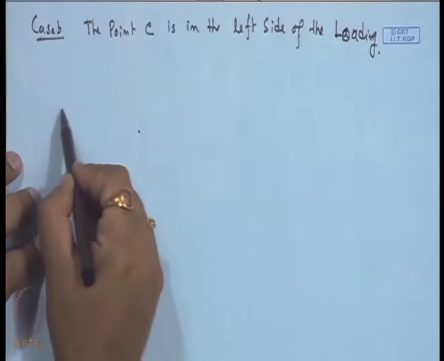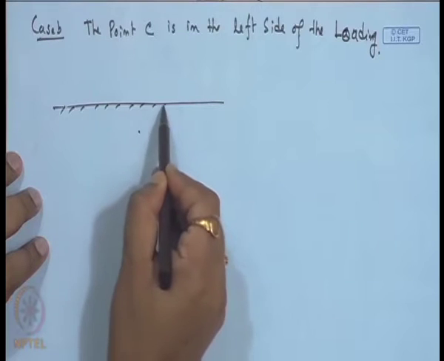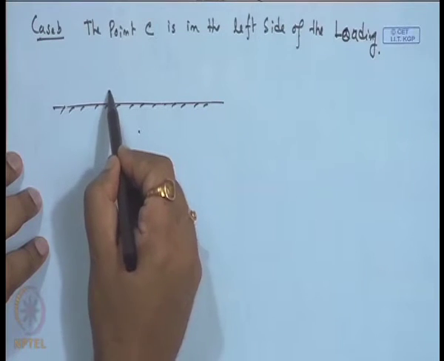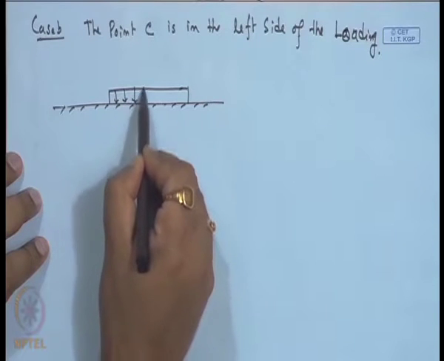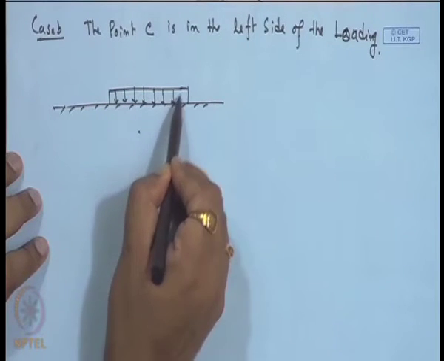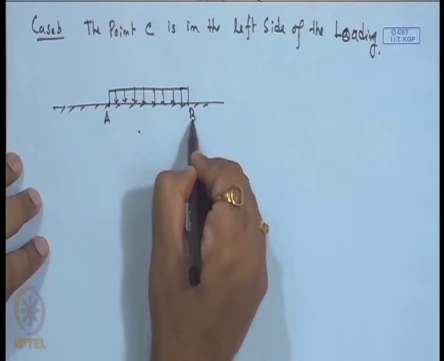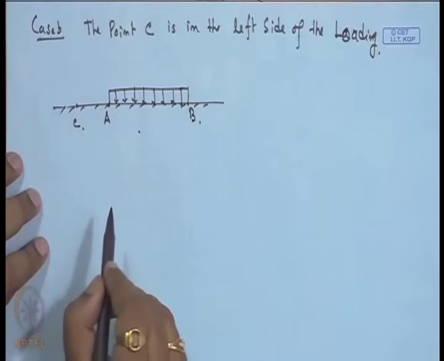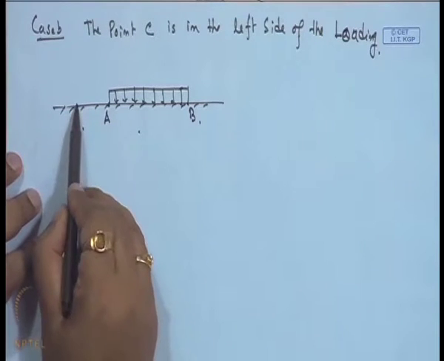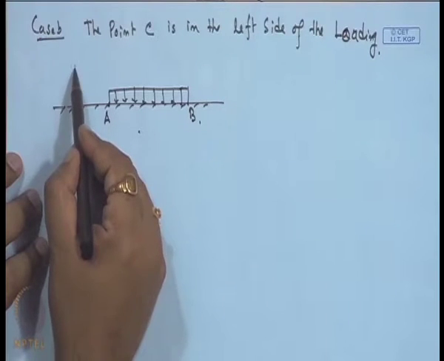So, if I consider an infinite beam with a uniformly distributed load, as I have mentioned, A and B are the two ends of this loading, and point C is at the left side of the loading.